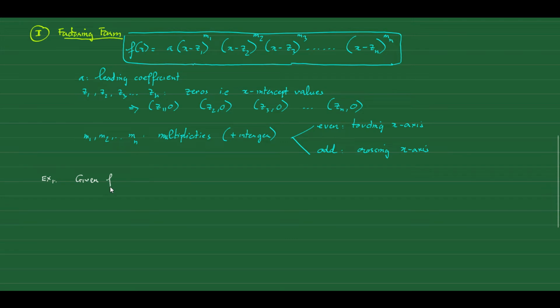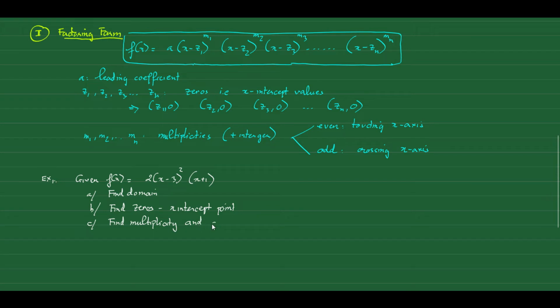Given f of x equals (2x minus 3) raised to the second power times (x plus 1), first of all I want you to find the domain, then find the zeros, the x-intercept points. Then find the multiplicity, and determine if the graph is touching or crossing.